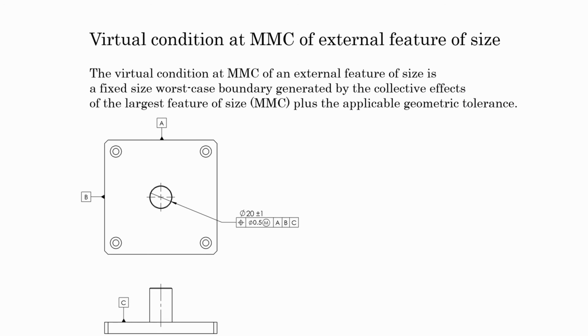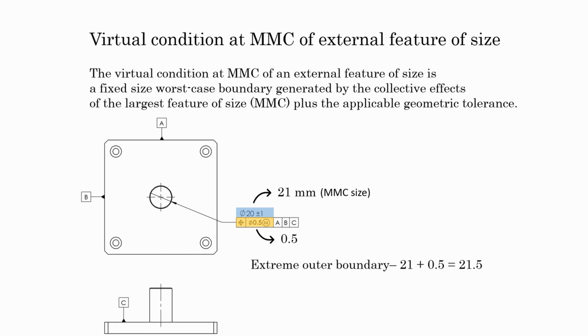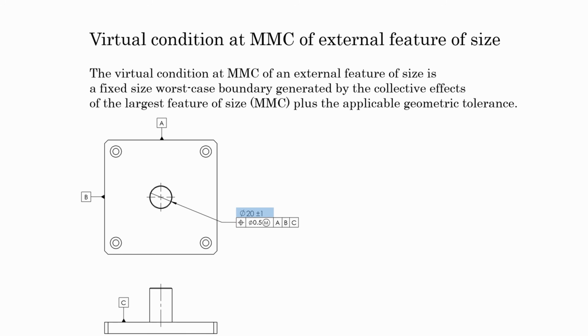In this example, if the pin size is 21 mm at MMC size, the position tolerance is 0.5 mm at MMC, so the extreme outer boundary would be 21 mm plus 0.5 mm, 21.5 mm. Now let's say the pin size is produced at 20 mm, 1 mm less than the MMC size.